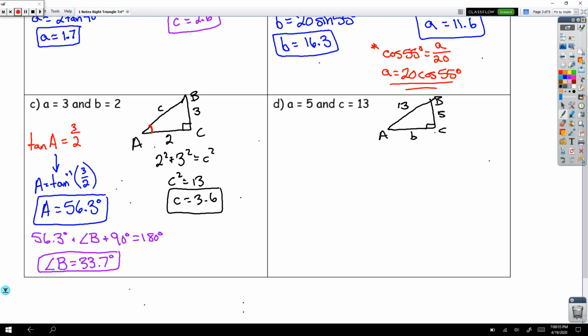So if you recognize your special right triangles, you might already know what B is. But if you don't recognize that, let's go ahead and use the Pythagorean theorem. So A squared plus B squared equals C squared. So that means B squared would be 144. Square rooting, B would be 12.